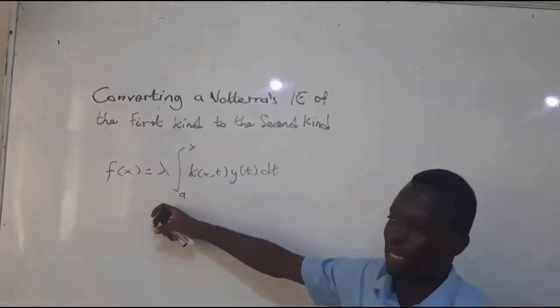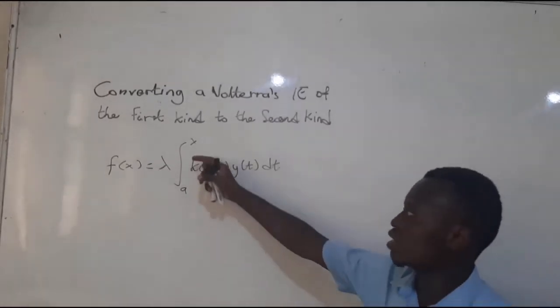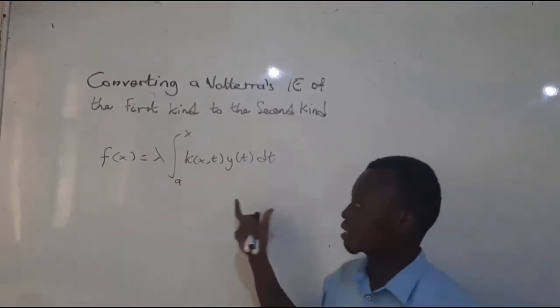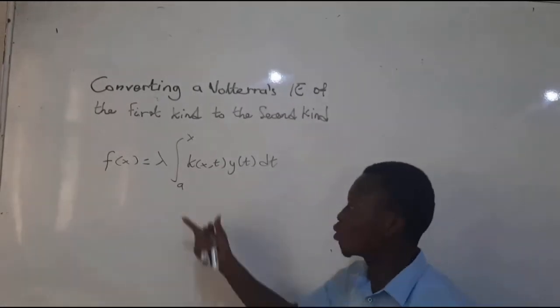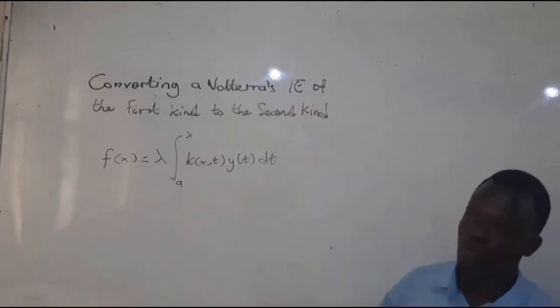This makes it a Volterra's integral equation. It is an integral equation because the unknown function is under the integral sign. It's the first kind because the unknown function appears only under the integral sign. So we have to convert this into what? A second kind integral equation, which is a Volterra's integral equation.